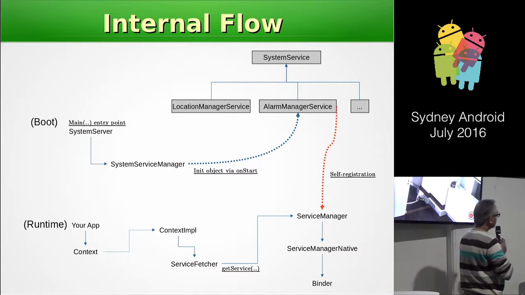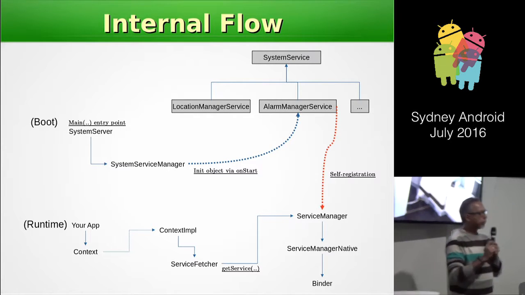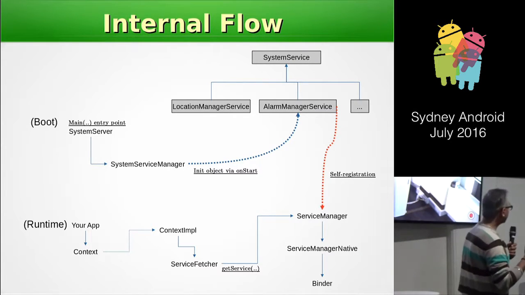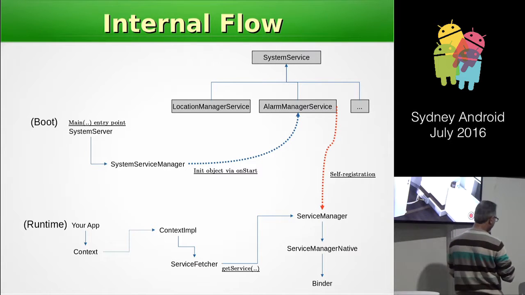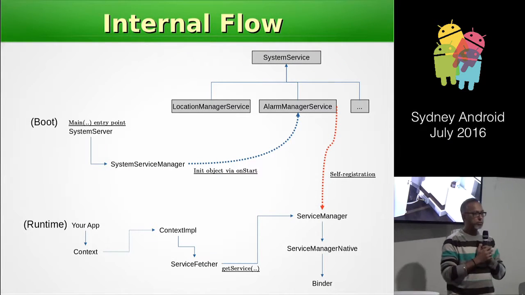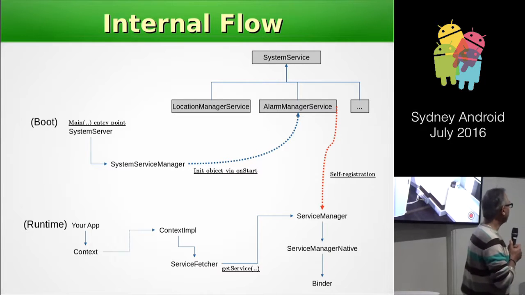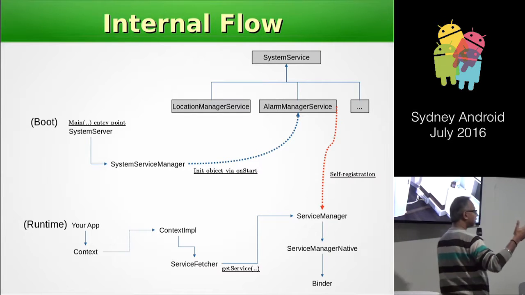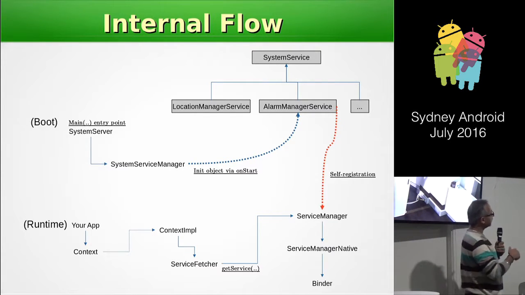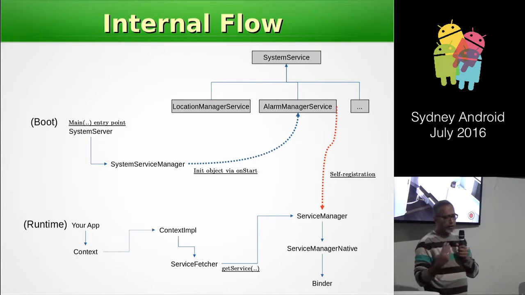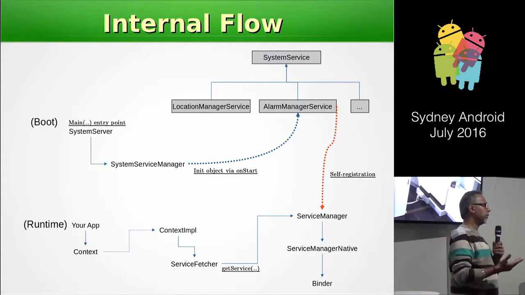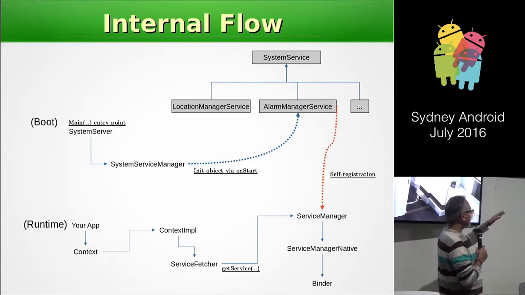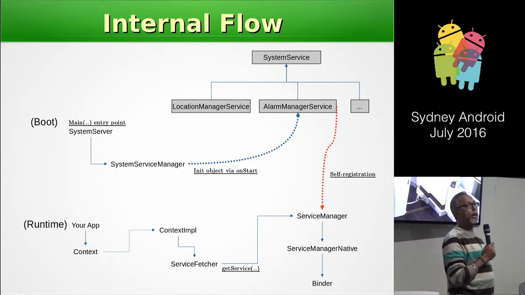Now, the system server will communicate with what is called the system service manager. The system service manager is like the child of the system server. What it does is initialize all the different services, like alarm manager service, location manager service, or any kind of service that's available inside Android, via the onStart method.